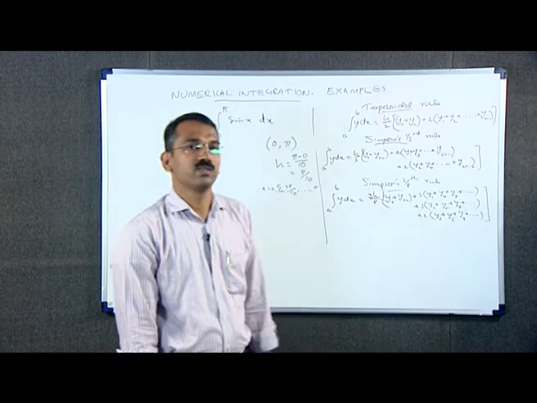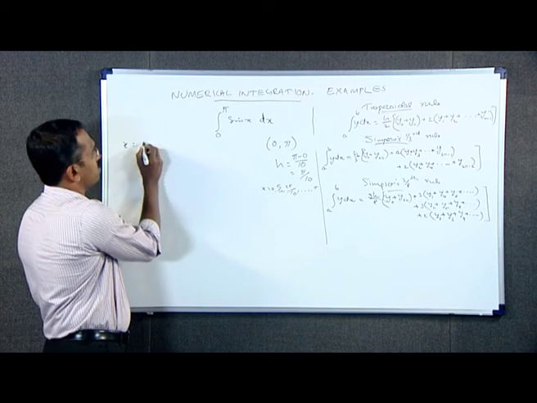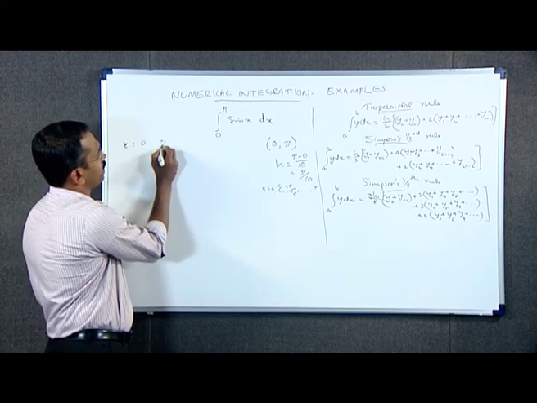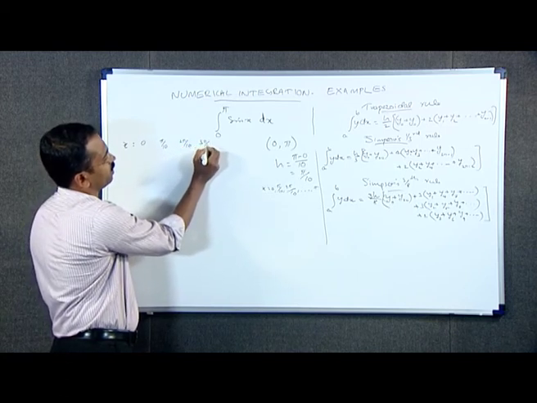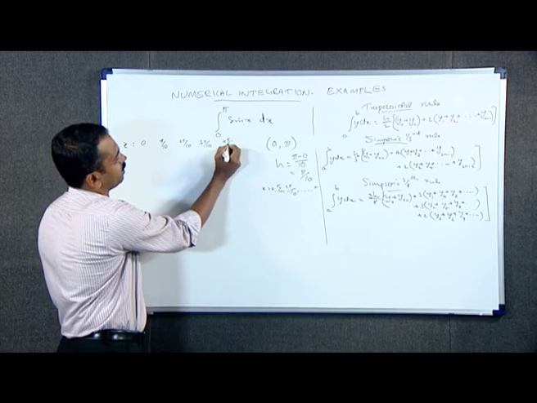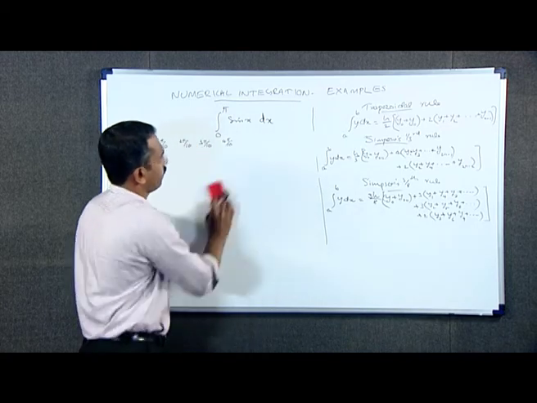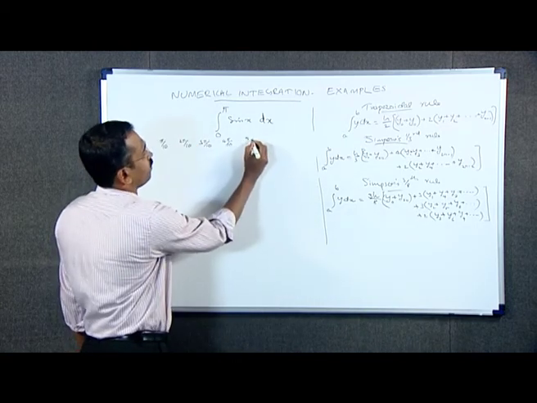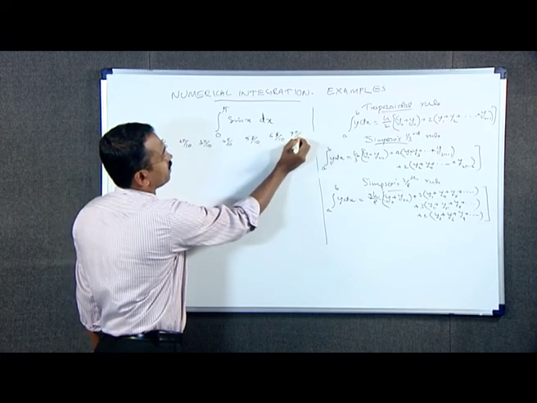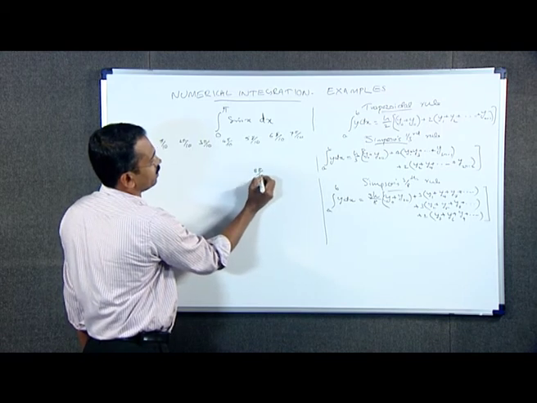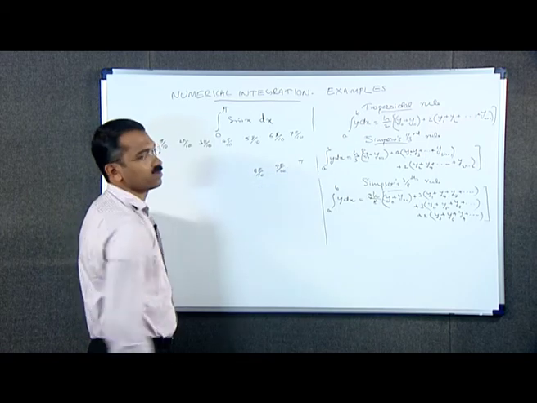These values are tabulated like this: the x values are 0, pi by 10, 2 pi by 10, 3 pi by 10, 4 pi by 10, 5 pi by 10, 6 pi by 10, 7 pi by 10, 8 pi by 10, 9 pi by 10 and 10 pi by 10, which means pi.